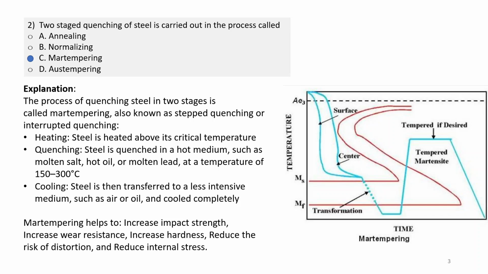Then the steel is transferred to a less intensive medium such as air or oil and cooled completely. Martempering helps to increase impact strength, increase wear resistance, increase hardness, reduce the risk of distortion and reduce internal stress.